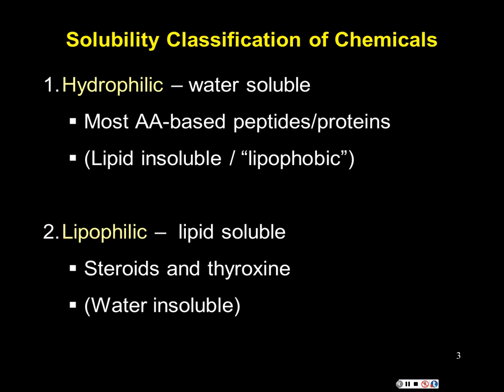We know that if it's exocytosed into the extracellular fluid, it's soluble, so it doesn't need a carrier. It's good. We also know that the target cell needs to have a receptor, and that receptor should be located where? In the membrane of the target cell. Because the protein is water soluble, it's not lipid soluble. It just can't diffuse in.